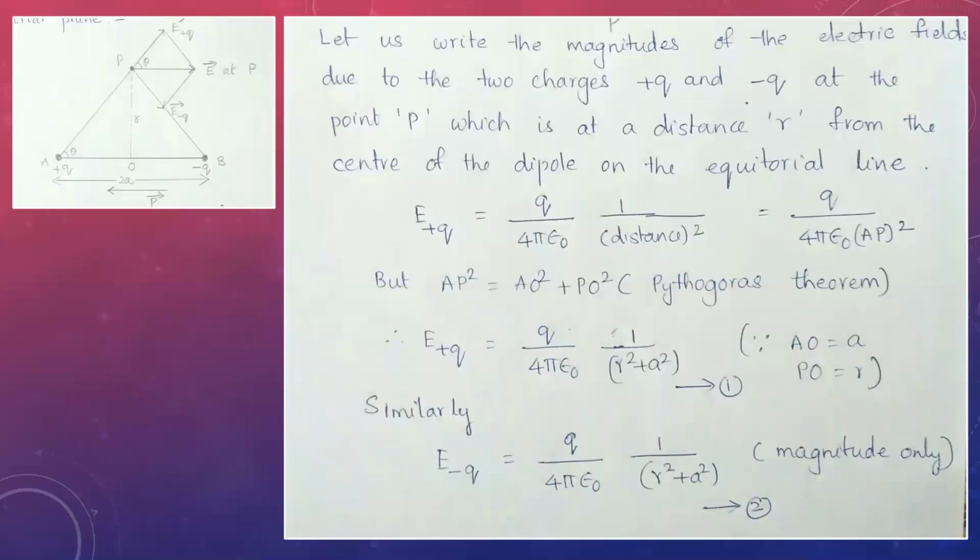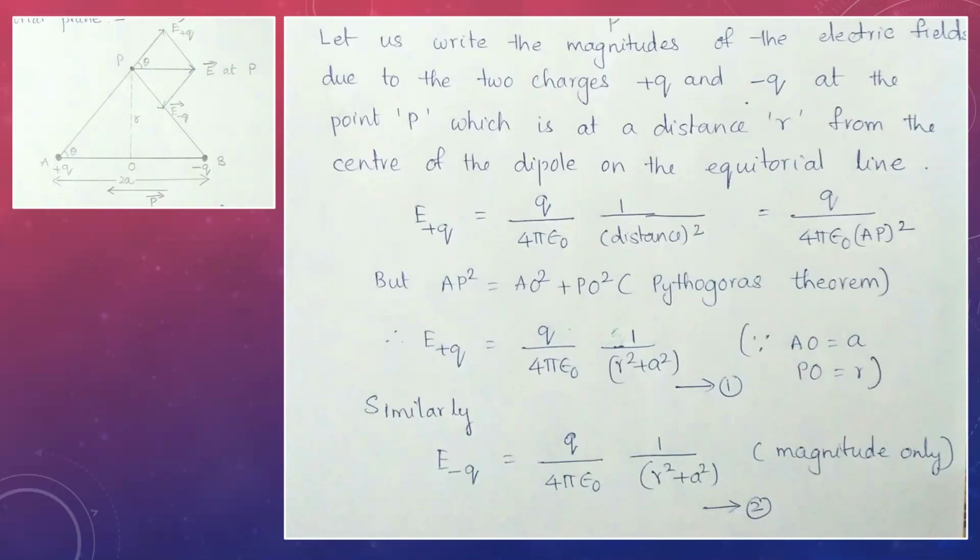So if you can see what happens here, first let us take the equation of the electric field E plus Q is equal to Q by 4 pi epsilon naught into 1 by distance square. From positive charge, the distance is AP. Therefore, 1 by 4 pi epsilon naught Q by AP square.